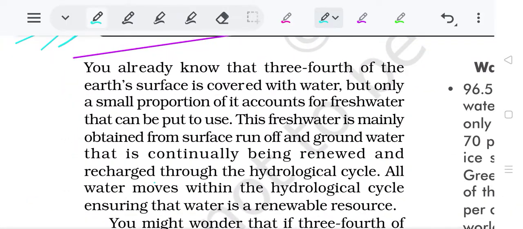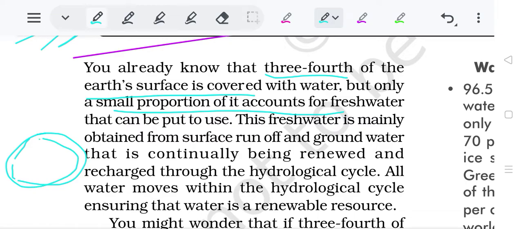Hope you understand. Then you already know that 3/4 of the Earth's surface is covered with water, but only a small proportion of it counts. So we know that this is the whole Earth, right? In this, 3/4 part is covered with water, but only some part of it is fresh water that can be put to use.